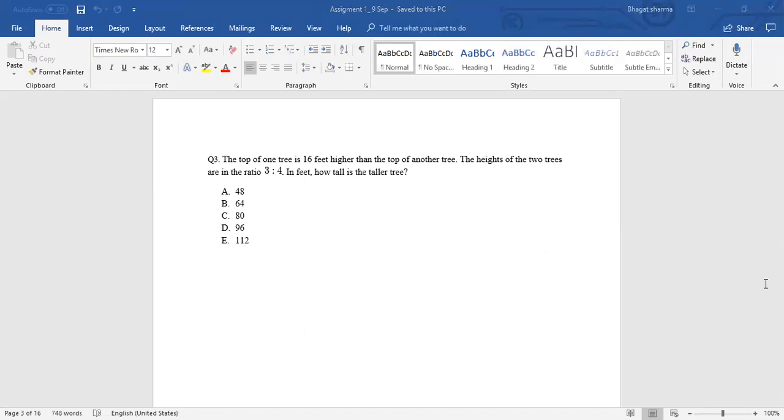So it's mentioned that the heights of the two trees are in the ratio 3:4.